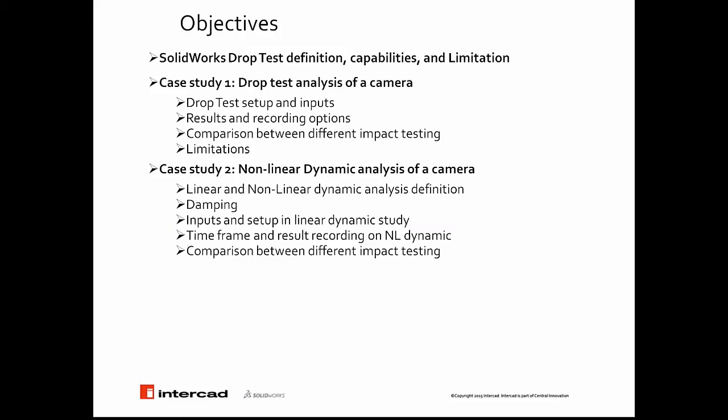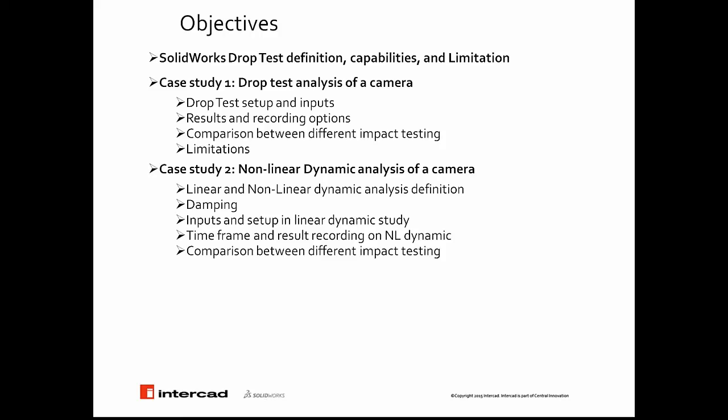Now, in the second part of our presentation, we will introduce an alternative solution to drop tests, such as linear or nonlinear dynamic studies of the same model. We are introducing damping factors. We'll review the inputs and setup in linear dynamic studies and finding the best time resolution to record the result in a nonlinear dynamic study.